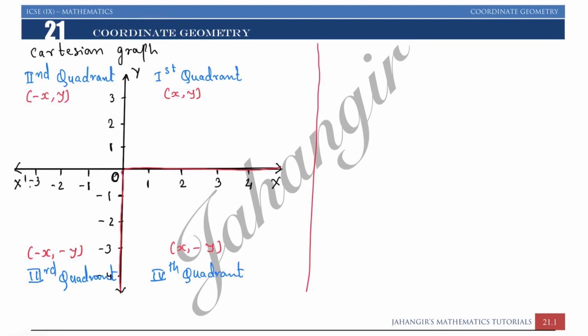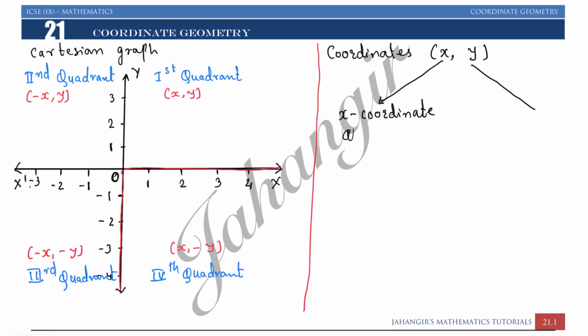Now I will just show you coordinates. Coordinates are always written as x comma y, where x is, let me write, this is x coordinate, which is also said to be abscissa, a b s c i double s a.